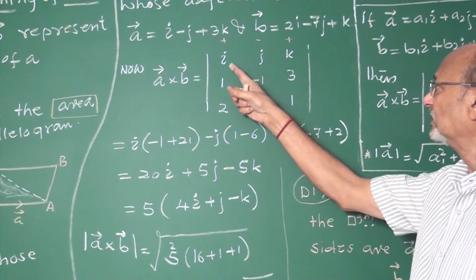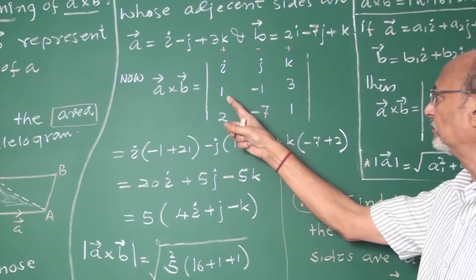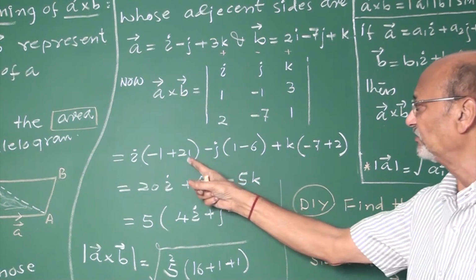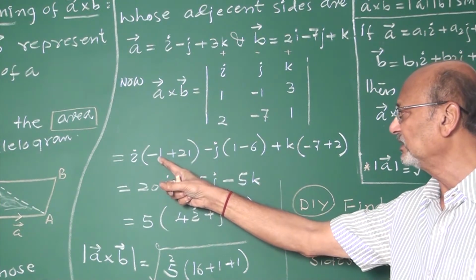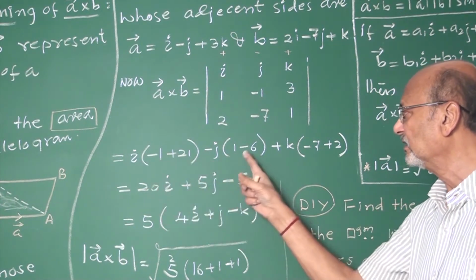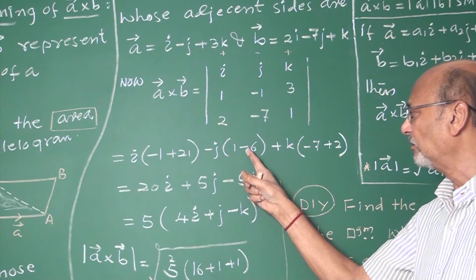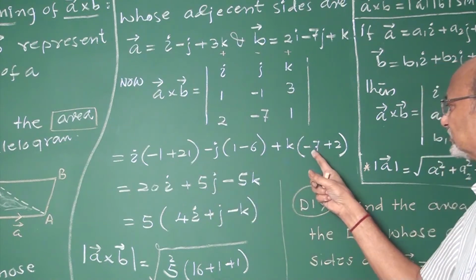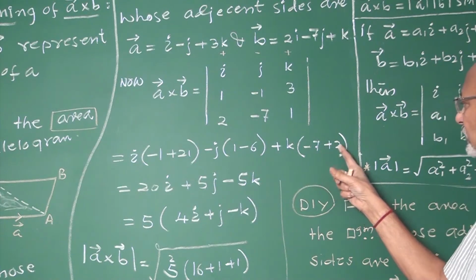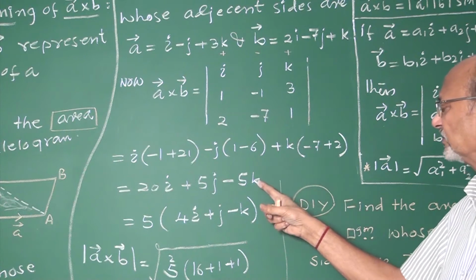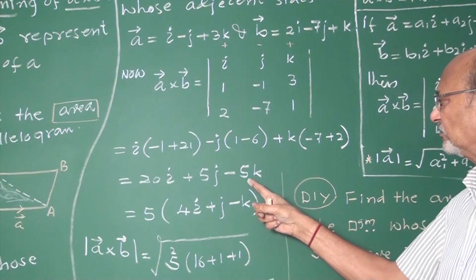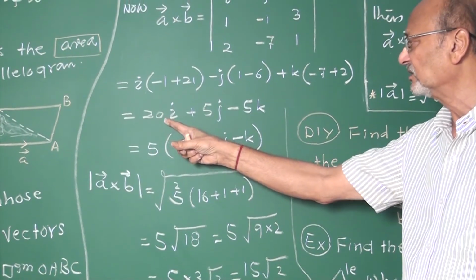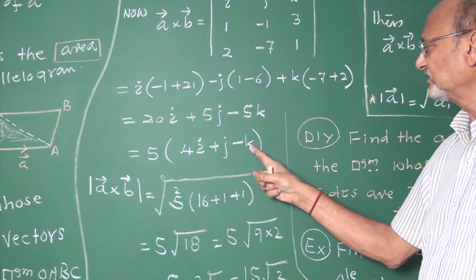Plus k into, leaving the elements of the first row, last column, minus 7 plus 2. Simplify: 21 minus 1 is 20 into i, minus 5 with minus j, minus 7 plus 2 is minus 5, so minus 5k. What is the observation? 5 is common, leaving inside the bracket 4i plus j minus k.